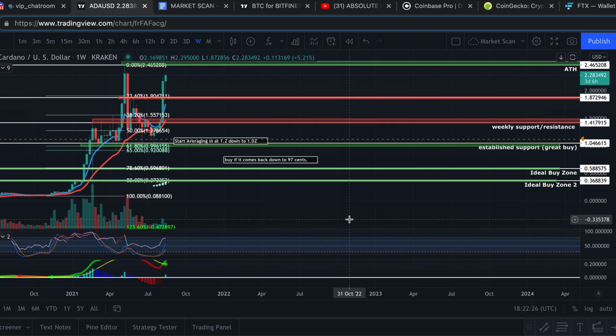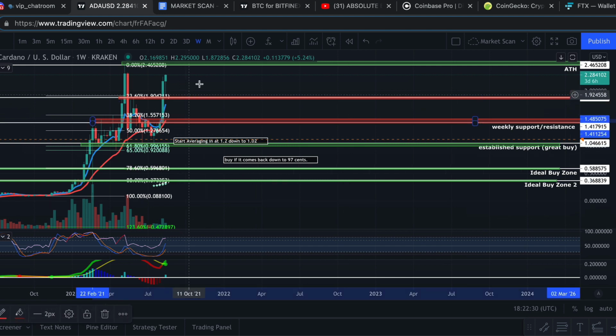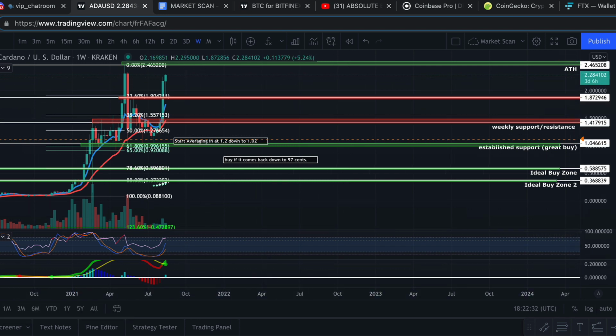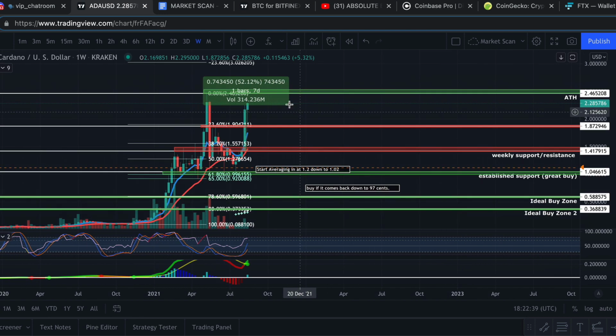Okay, so you can see that on the monthly, Cardano just had an insane previous month. How much did it even go up by? Do I have this? One month, 50%.